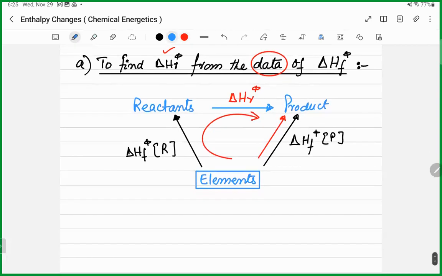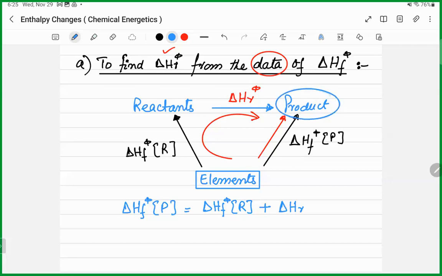So can I say that the enthalpy change of the direct route, which is enthalpy change of formation of product, is equal to enthalpy change of formation of reactant plus delta HR? है ना? नहीं, कोई फर्क नहीं पड़ता. देखो, सारी चीजें ultimately going towards product. ठीक है?